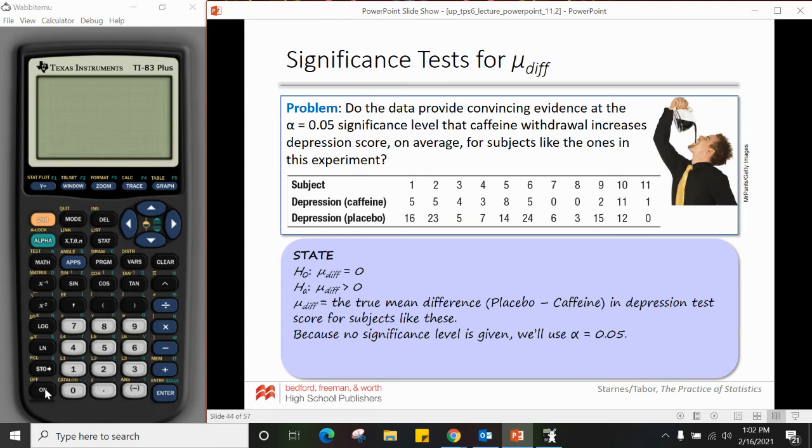So in our state phase, we're going to state that the difference is 0, and here we're looking if it's greater than 0. That's placebo minus caffeine in the depression test.